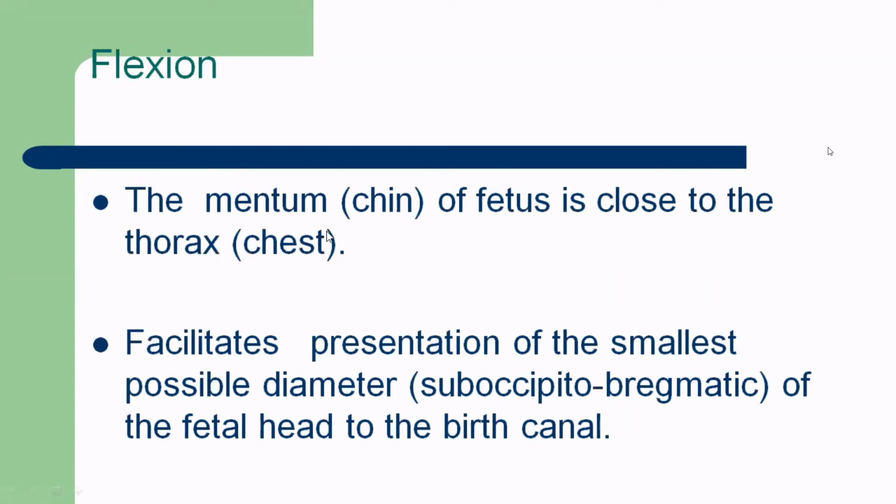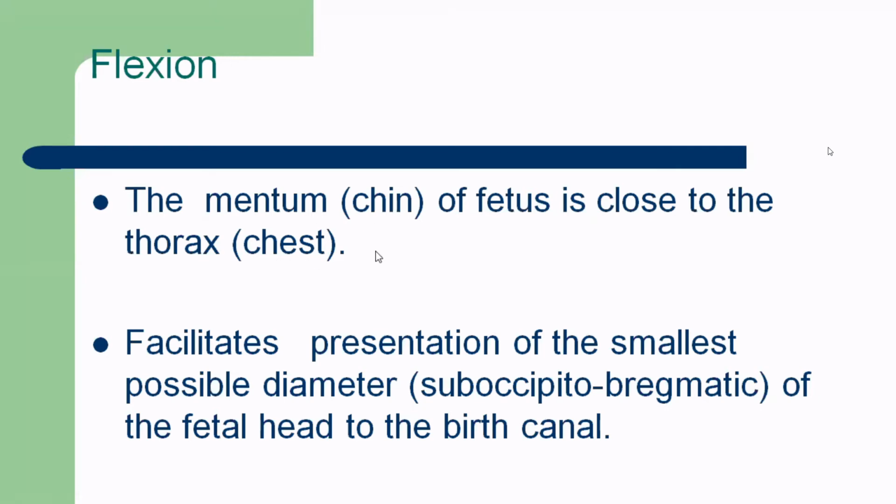Now flexion. Engagement, descent, and flexion are actually parts of the same movement. They do not occur separately; they occur simultaneously. At the same time, the fetal head is flexed, descending, and it gets engaged when it crosses the pelvic brim. When there is full flexion, the mentum of the fetus is close to the thorax, that means the chin is touching the chest.